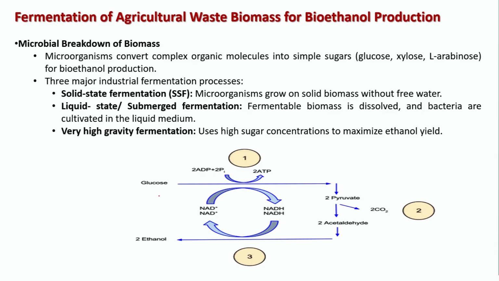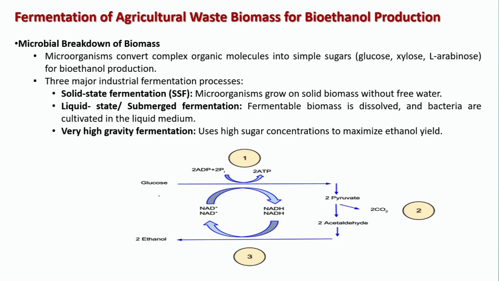So in all these different modes, we are going to use different substrates for converting it to bioethanol. Microorganisms convert those complex organic molecules into simple sugars, glucose, xylose or L-arabinose, for bioethanol production.